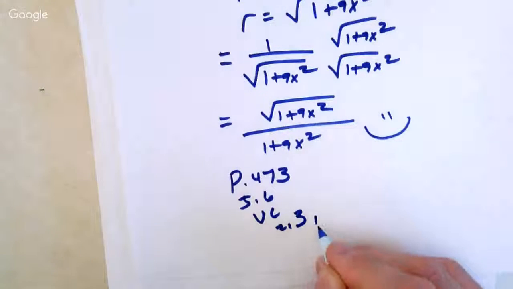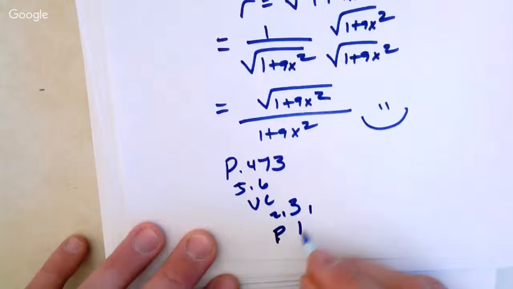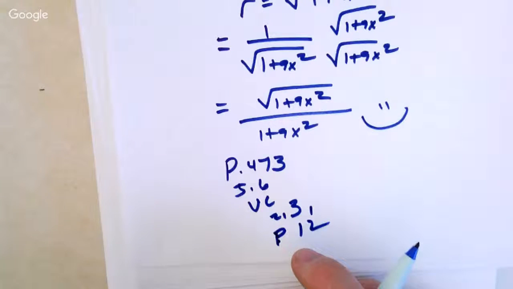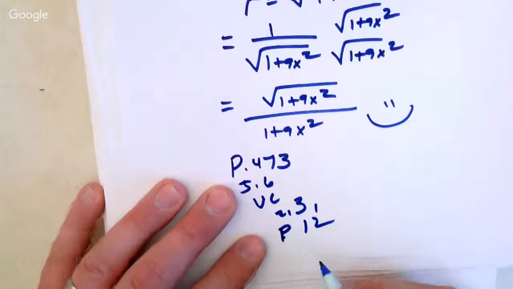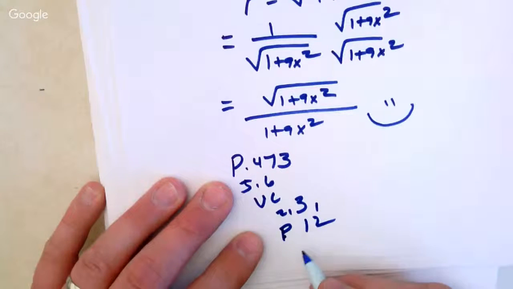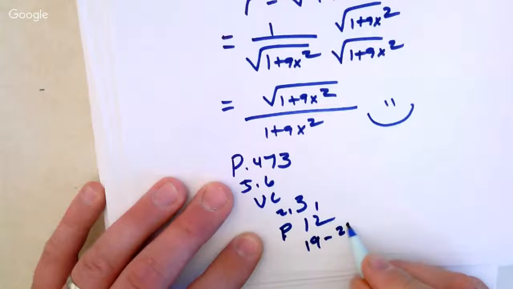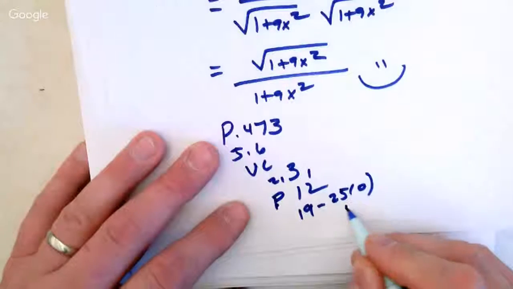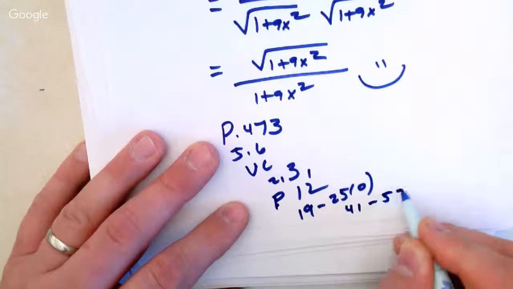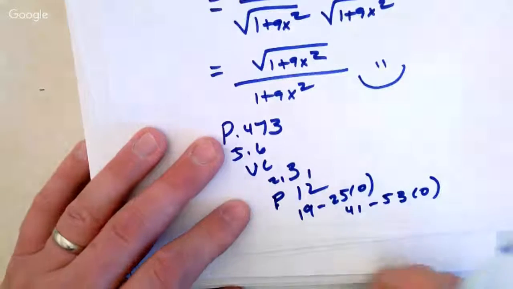Problem number 12. And then 19 through 25, the odds. And then 41 through 53, the odds.